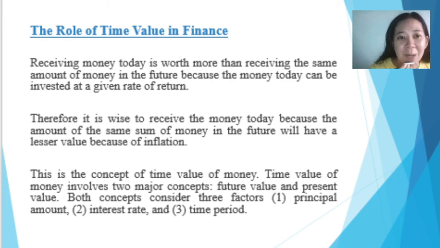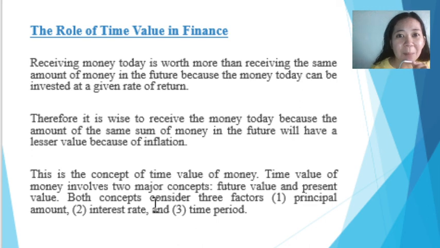Time value of money also involves two major concepts: the future value and the present value. These concepts consider three factors: the principal amount, the interest rate, and the time period. If you notice, these factors are the same as those of simple interest.